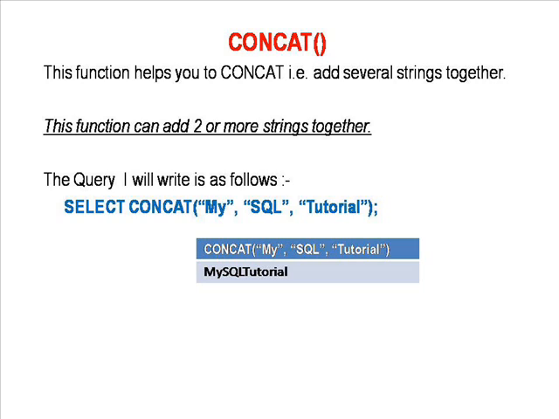So here I am taking three strings. The first is my, the second is SQL, and the third is tutorial. All three strings I will enclose in quotations and separate them with commas as given in the select statement. So the output displayed will be MySQL tutorial without any spaces.